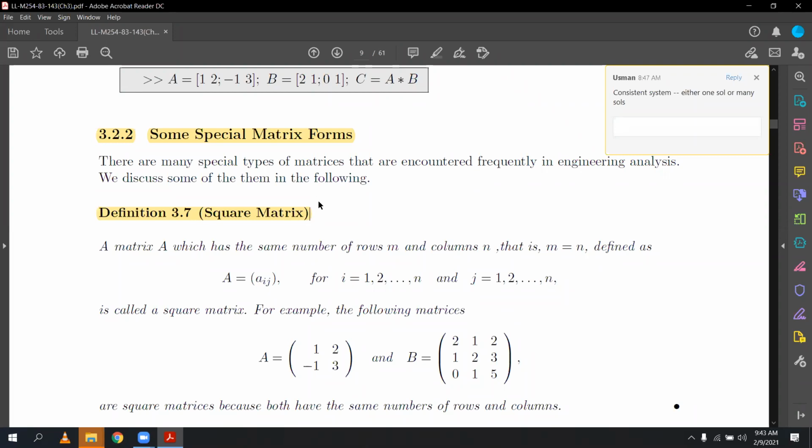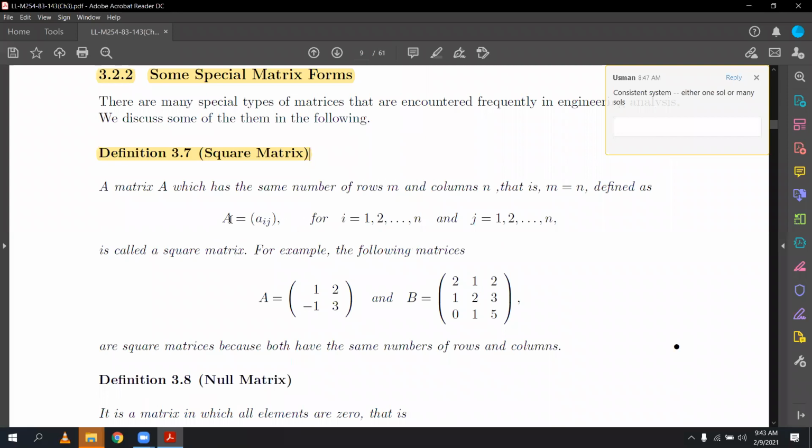A square matrix is when A equals Aij, where i represents the row and j represents the column, and they must be the same. Then we call that matrix a square matrix. Here is an example of square matrices, where A is 2 by 2 and B is 3 by 3. So these are square matrices.